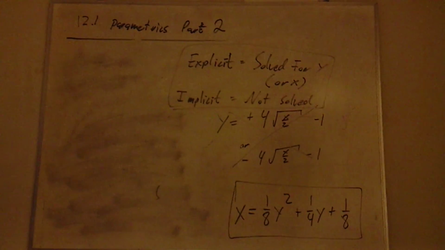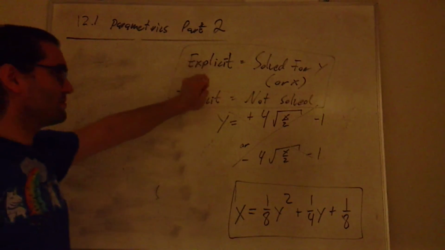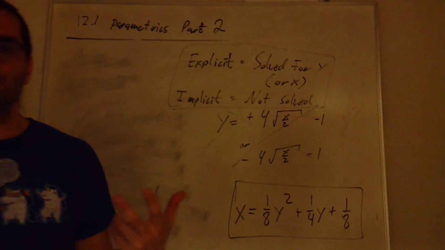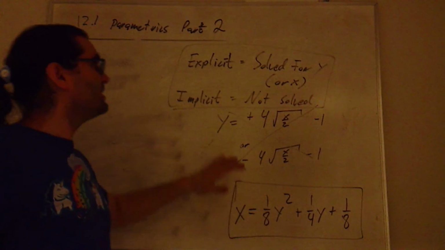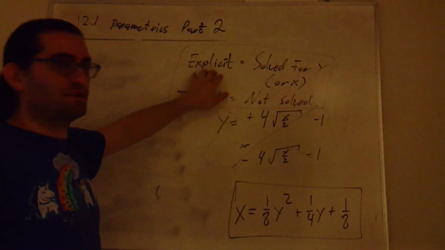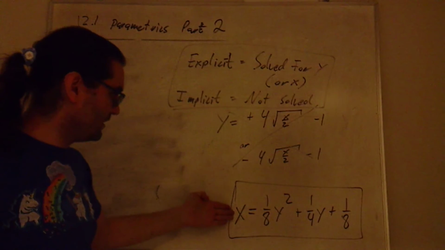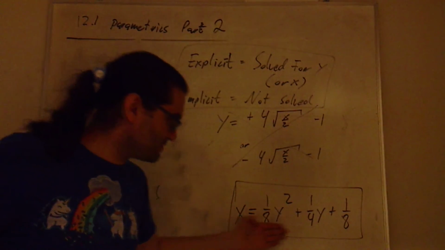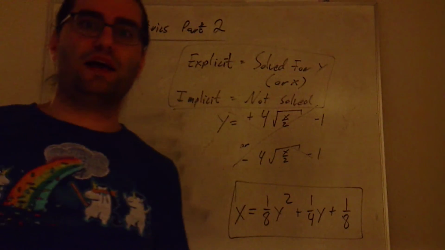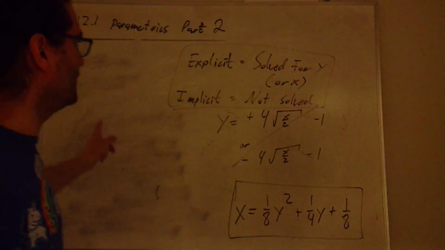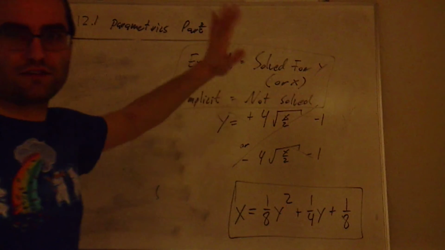So, a lot of these functions, if you start with a parametric function and you eliminate a variable and you transform it into a function of just x or y, a lot of times you can get it into an explicit form, like we did here. Here we have x is an explicit function of y. The one we started with was y as an explicit function of x, our little cubic guy, x cubed over 27.